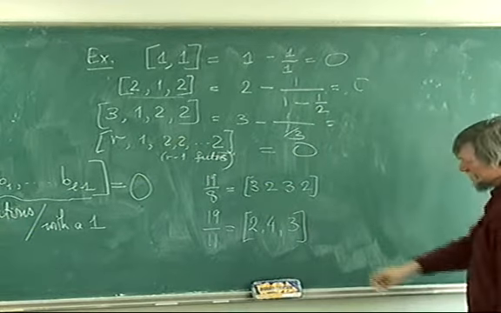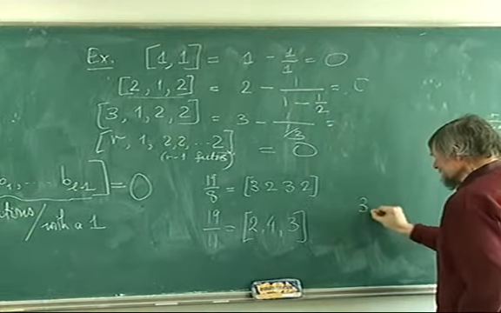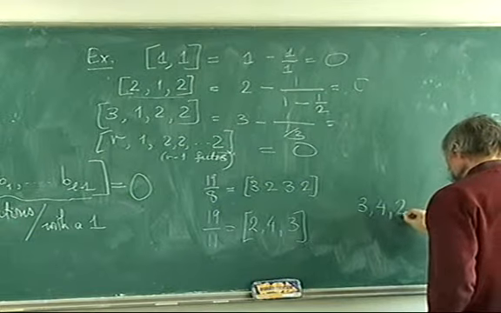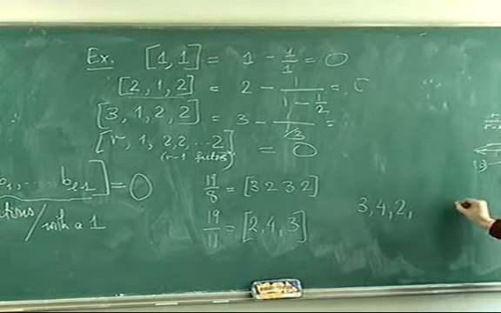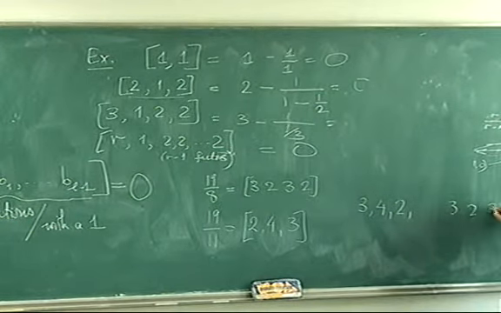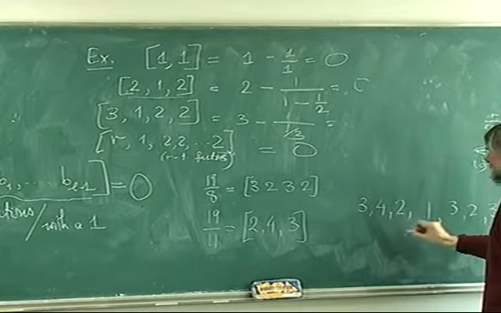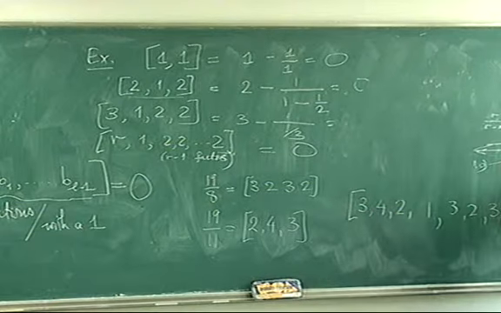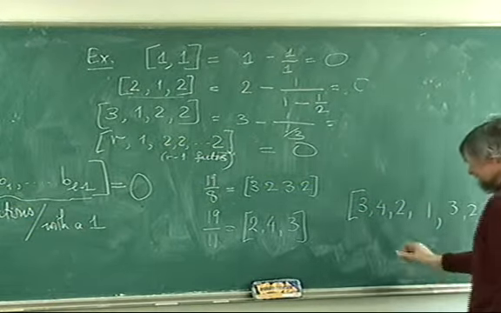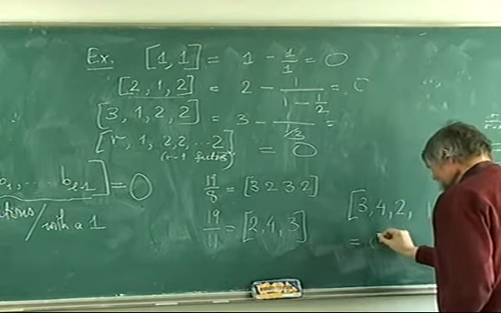So my recipe says, write down 3, 4, 2, 3, 2, 3, 2, and concatenate them with a 1. Then this continued fraction is 0.